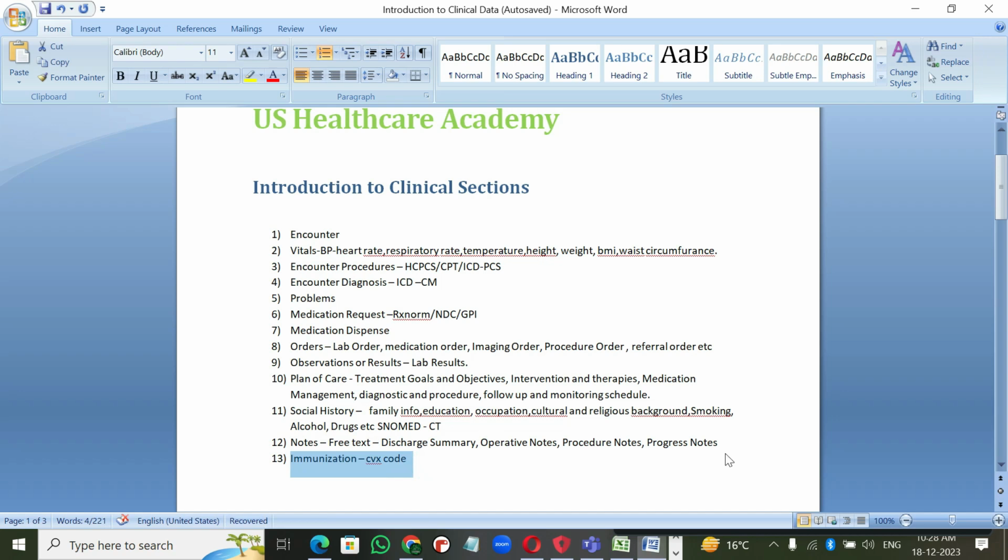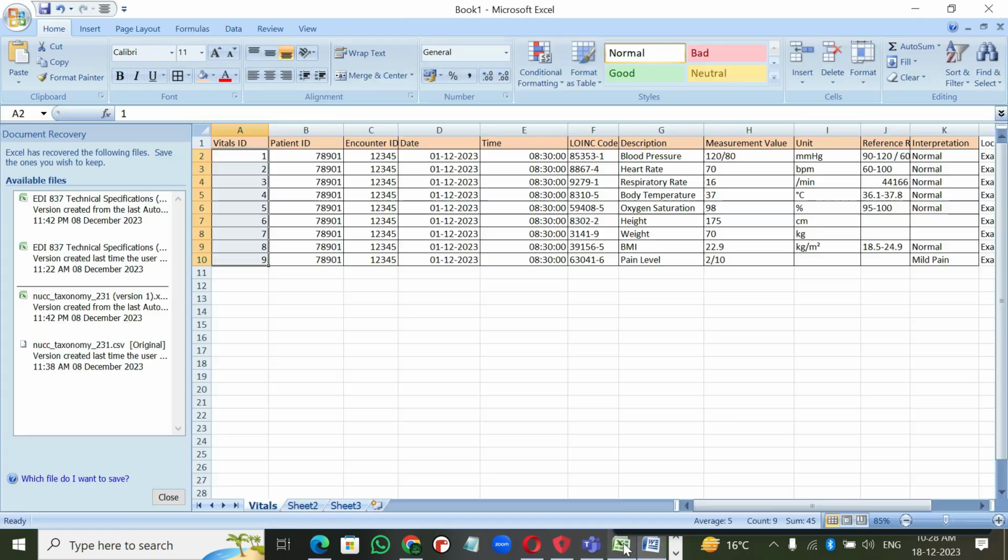All right, so let's jump right into how vitals data would look in the backend database system. First of all, any data or any table in the backend system will have an auto-generated unique ID which will represent each and every row, and that's the reason we have vitals ID here.